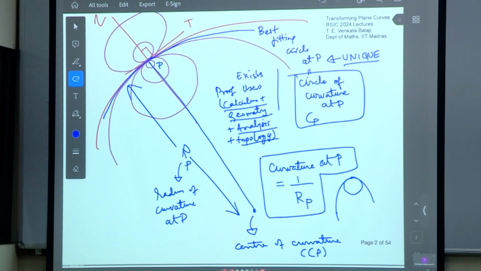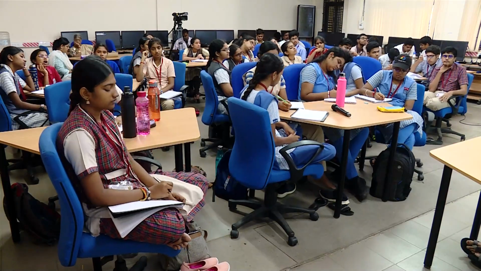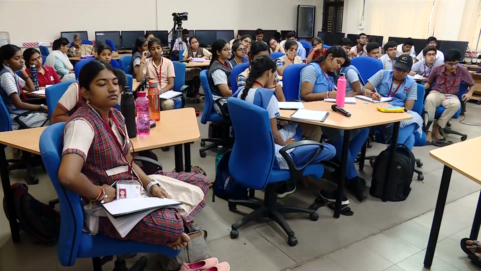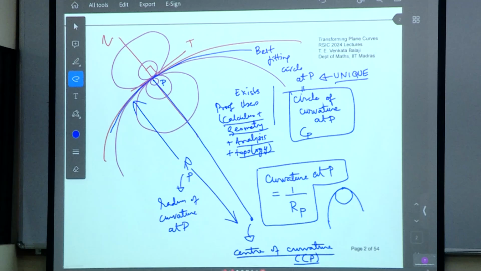Now I want you to look at this picture. Look at this curve. At the point P, I have the normal. That normal goes and hits the center of curvature. Now, here is the interesting thing. In all the pictures that we saw, the new curve that you are getting is actually the locus of the centers of curvature.